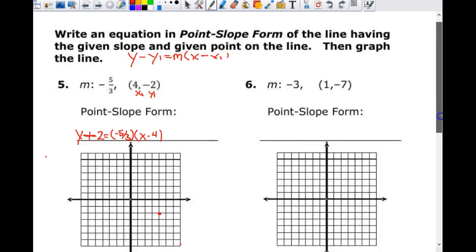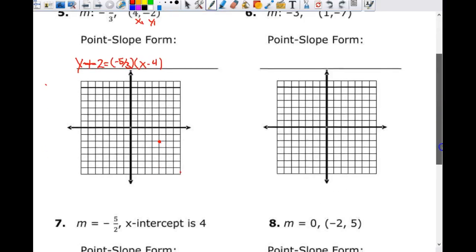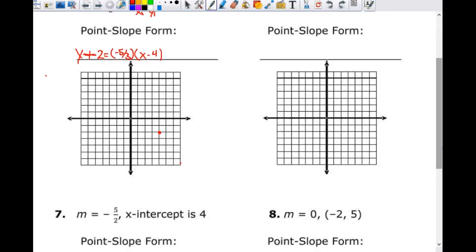Let me move this down. So, down 5, 1, 2, 3, 4, 5, over 3, 1, 2, 3. That's a bad arrow.